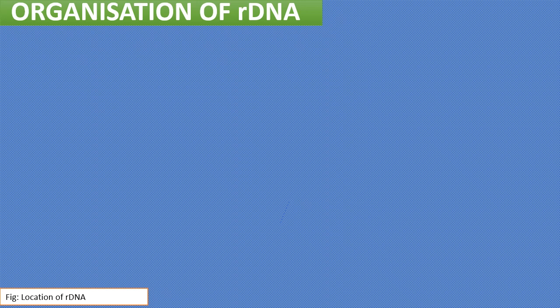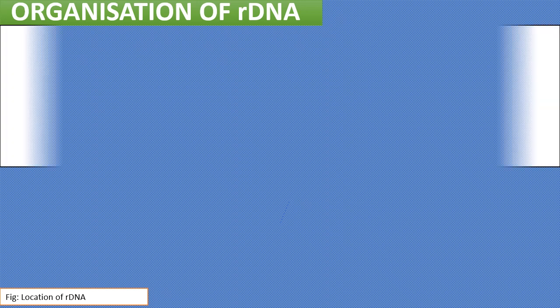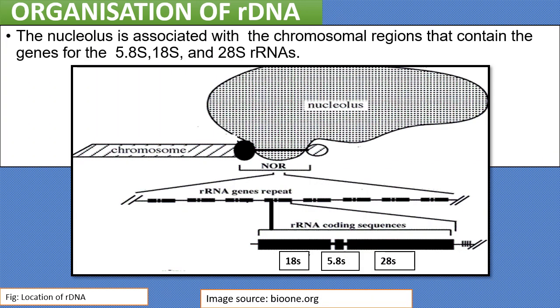Now we will discuss the organization of ribosomal DNA associated with the nucleolus. The chromosomal region surrounding the nucleolus contains genes that code for 5.8S, 18S and 28S ribosomal RNAs.